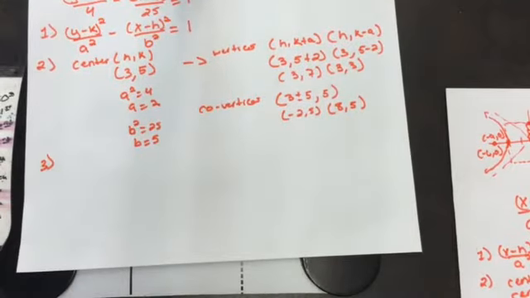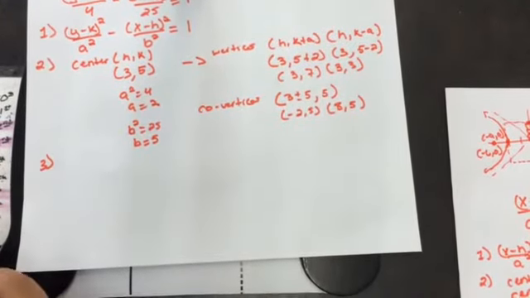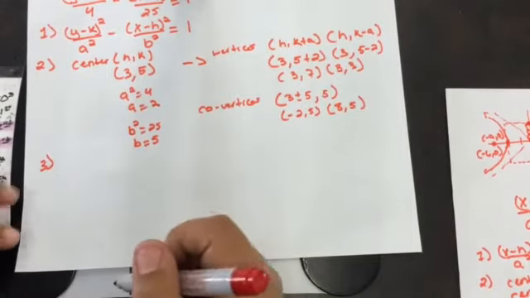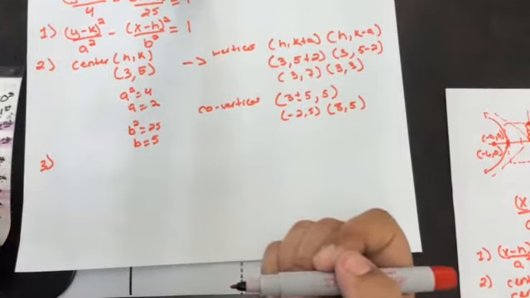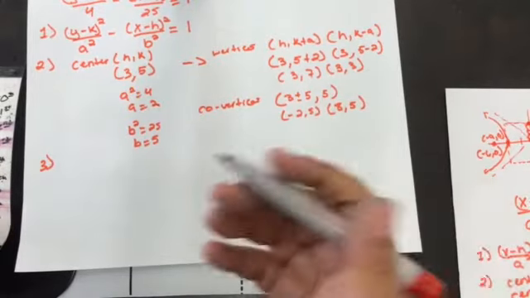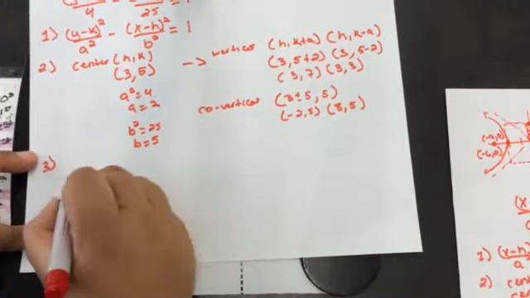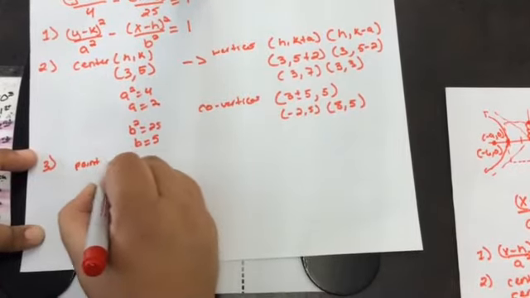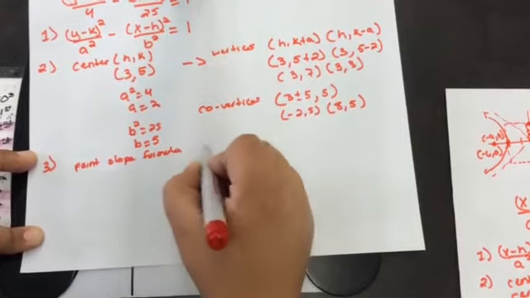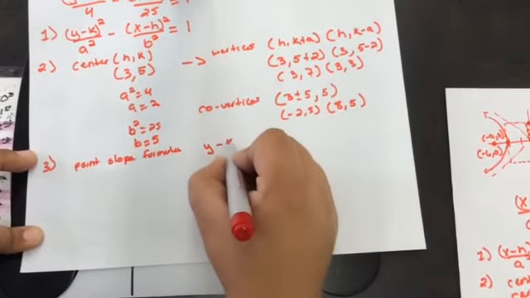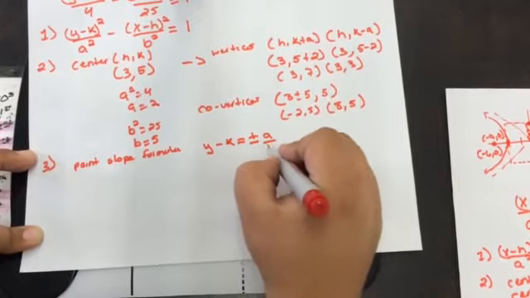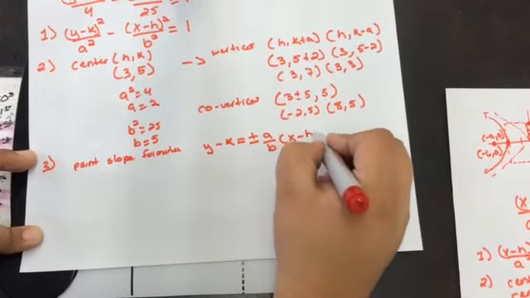Then we need to find the equation of the asymptotes. For a vertical hyperbola, you go a units up or down, and b units to the left or to the right. So we start with the point-slope formula: y minus k equals plus or minus a over b times x minus h.